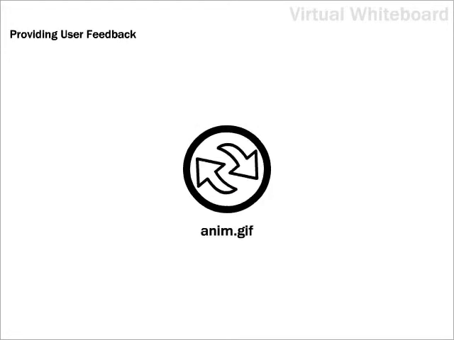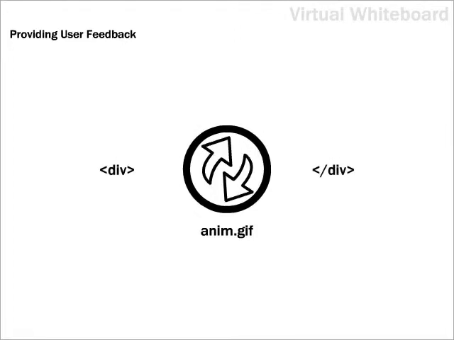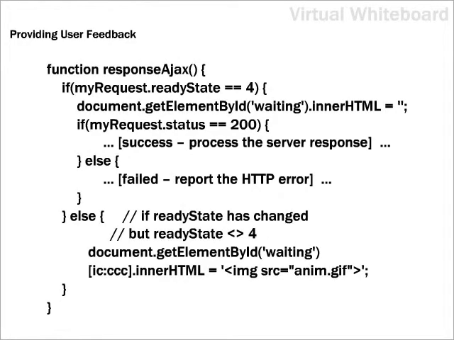Suppose that we have, say, a small animated graphic file, anim.gif, that we want to display while awaiting information from the server. We want to display this graphic inside a div element within the HTML page. We begin with this div element empty. Now consider the code of the callback function. On each change in value of the property readyState, the callback function checks for the condition readyState equal to 4.